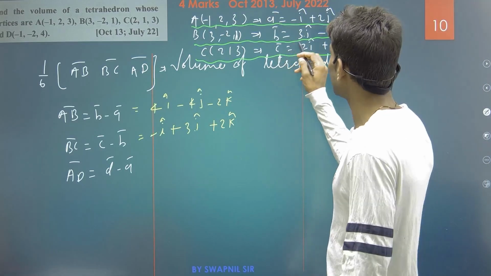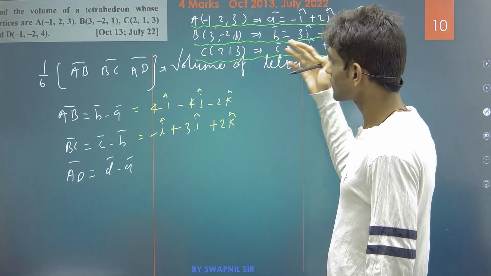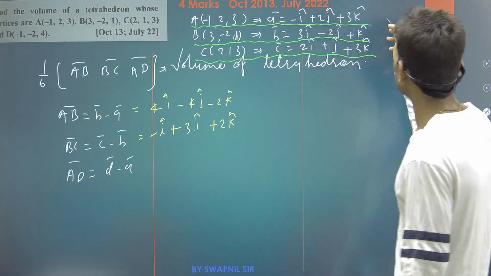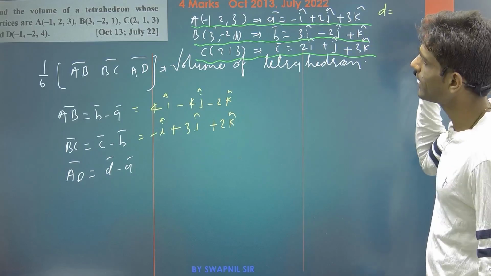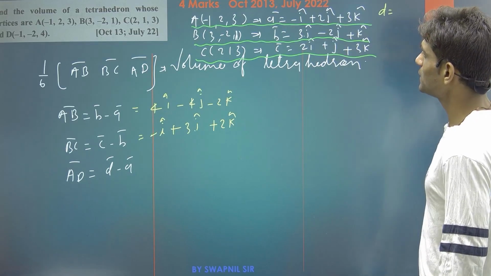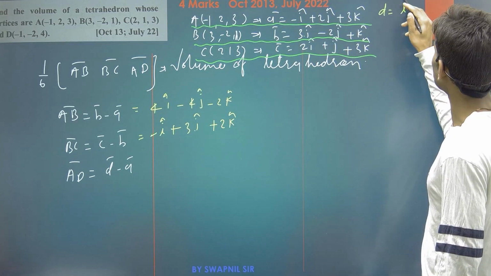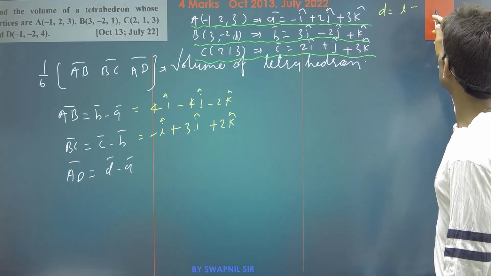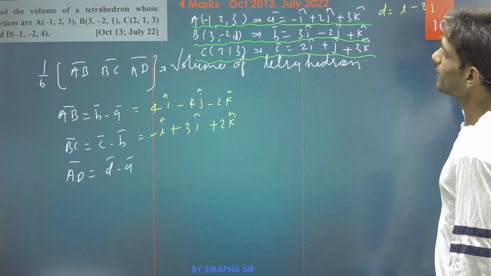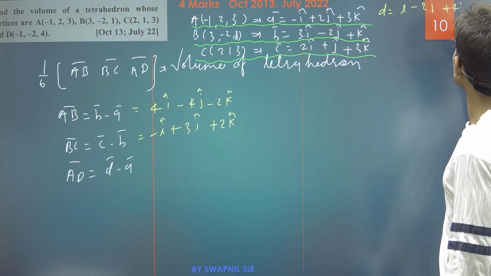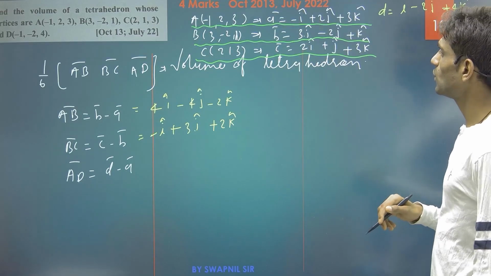AD bar means D bar minus A bar. We have the position vector D bar remaining here. D bar can be written as minus I minus 2J plus 4K, that is minus I cap minus 2 times J cap plus 4 times K cap. This one is our fourth position vector.